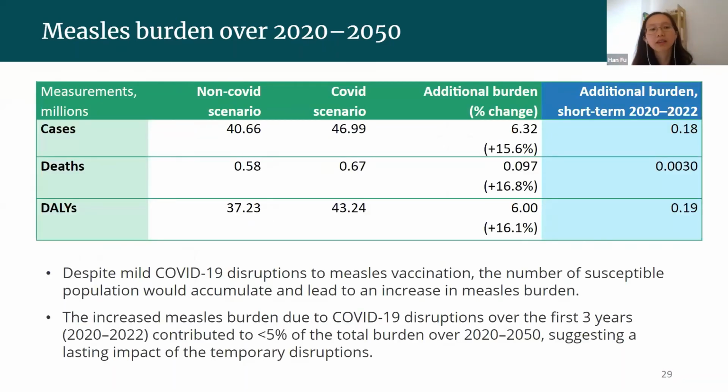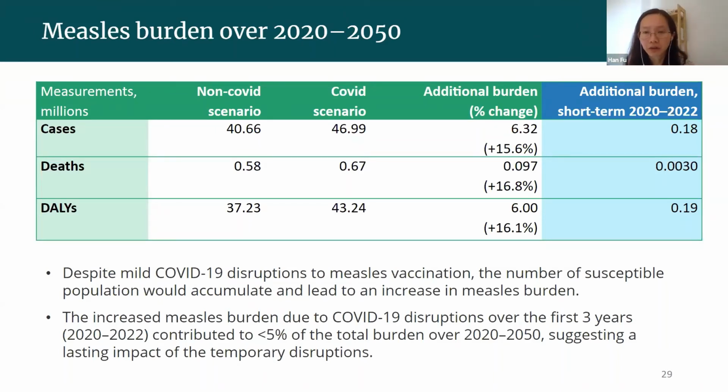And we also calculate the cumulative measles burden over 2020 to 2050, and show that the COVID-19 related disruption would lead to an additional burden of 6 million cases over the 30 years in 10 high burden countries, and 97,000 additional deaths.